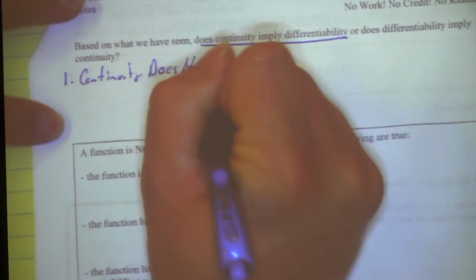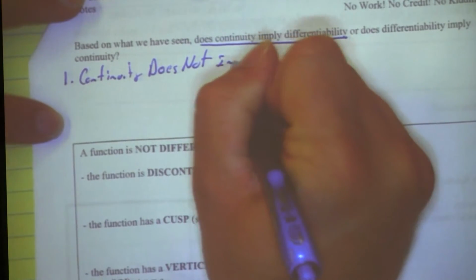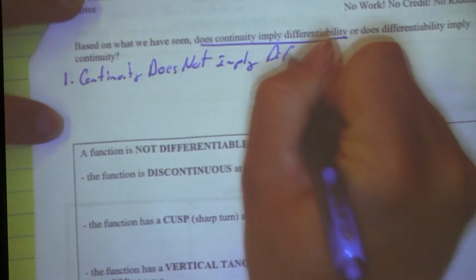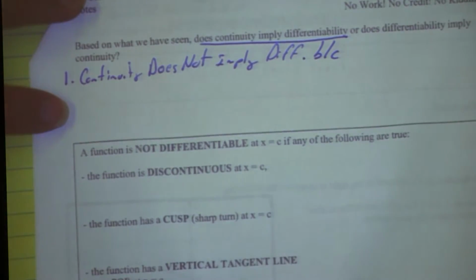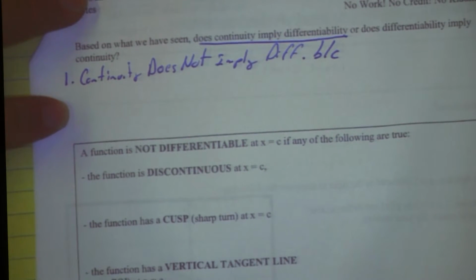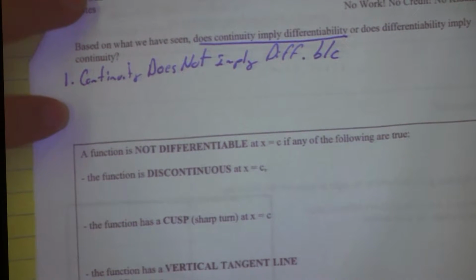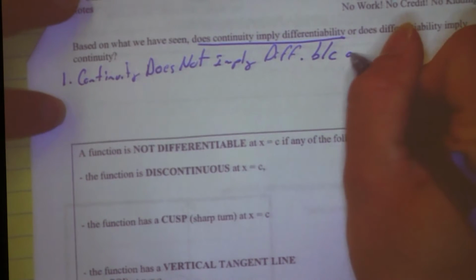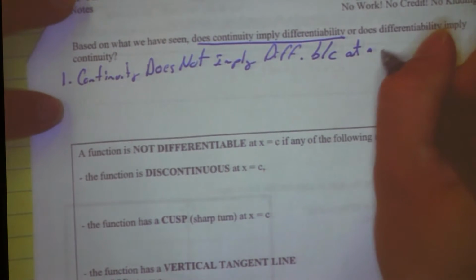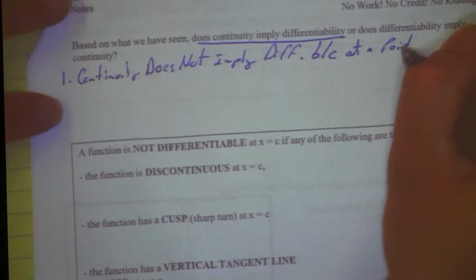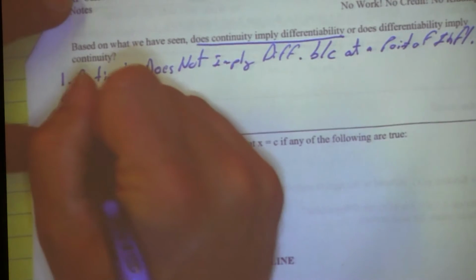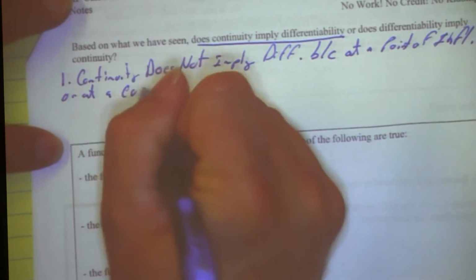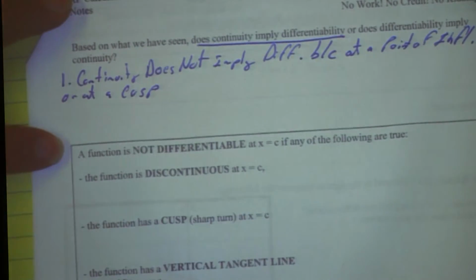Continuity does not imply differentiability. So what could I use to prove that? What were the 2 cases that we saw where it was continuous but it was not differentiable? So because at a point of inflection or at a cusp, right?